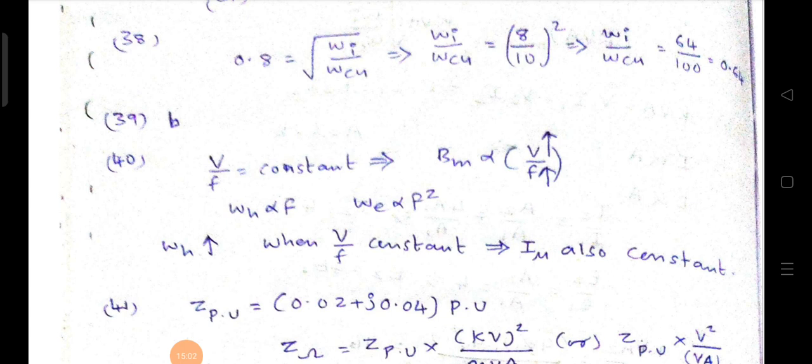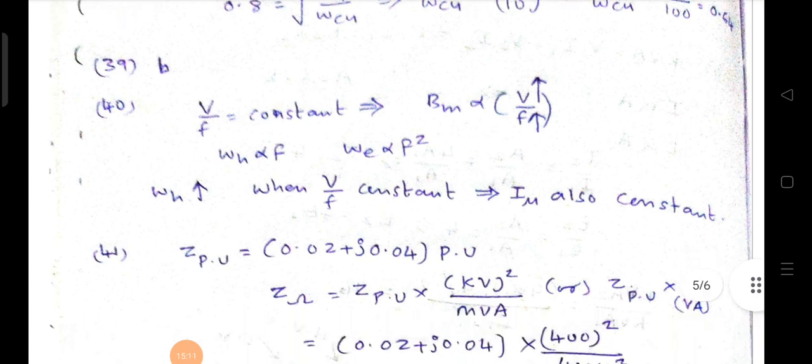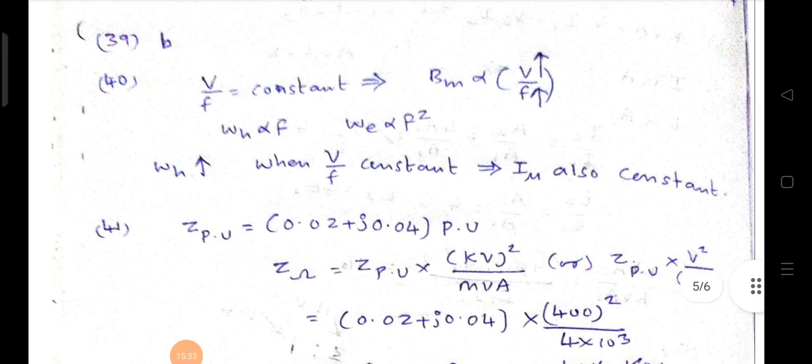Now see here, in this problem hysteresis losses increase. When the V by F ratio is constant, B maximum is also constant. B maximum being constant means, from the BH curve, the current required to produce the flux is also constant. That means Imu, the magnetizing component of current, is also constant.